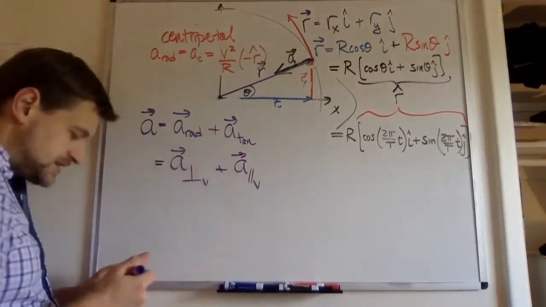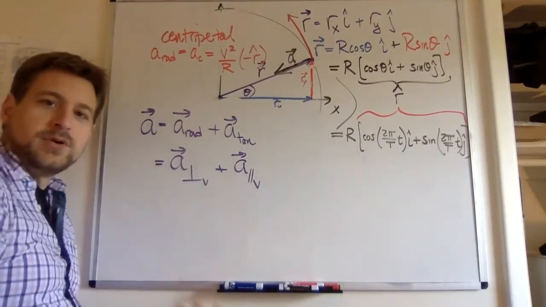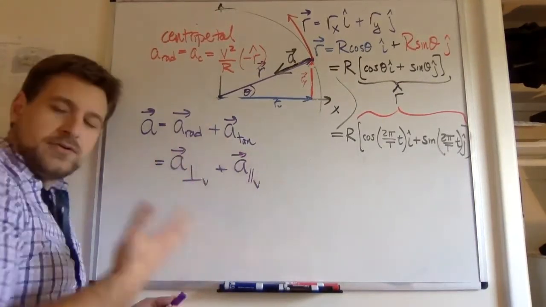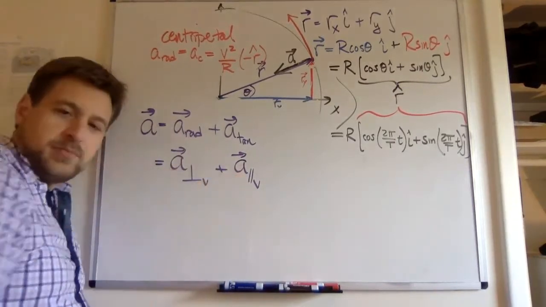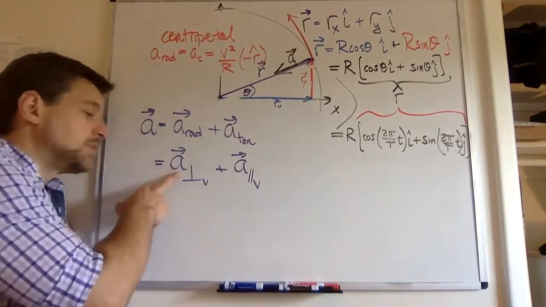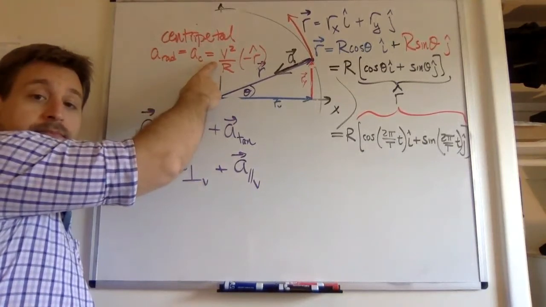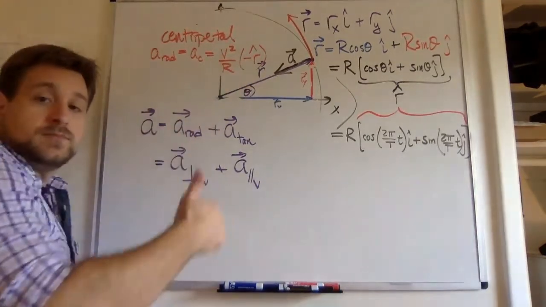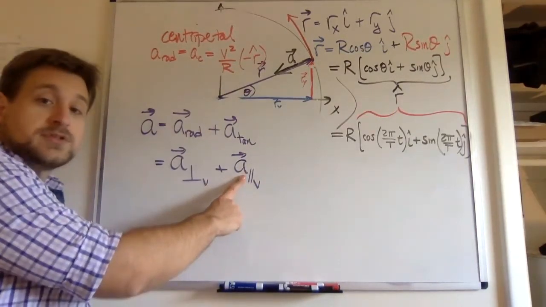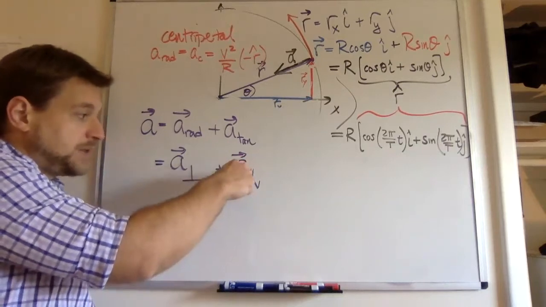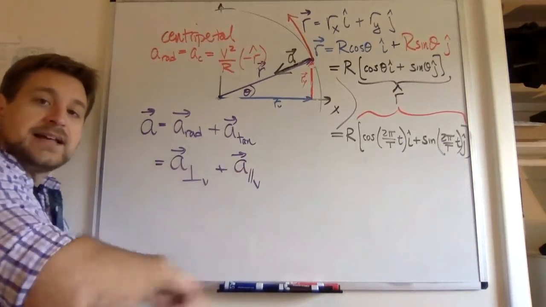And those are exactly the components that we talked about finding at the end of worksheet 3.1. We know the velocity direction. Let's find the acceleration parallel to and perpendicular to that. If the perpendicular component happens to have this magnitude and be radially inward, we're apparently talking about circular motion. We might be speeding up or slowing down. If the parallel component turns out to be 0, then we're doing a circle at constant speed.